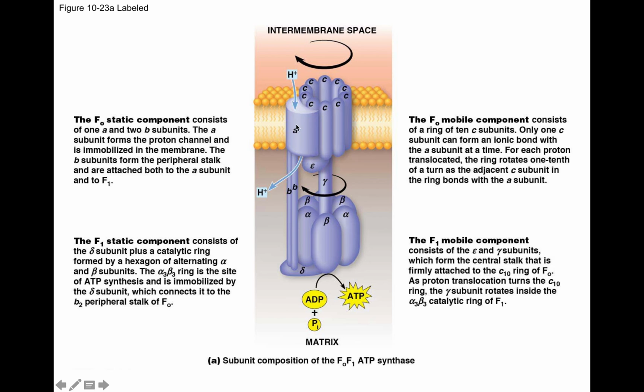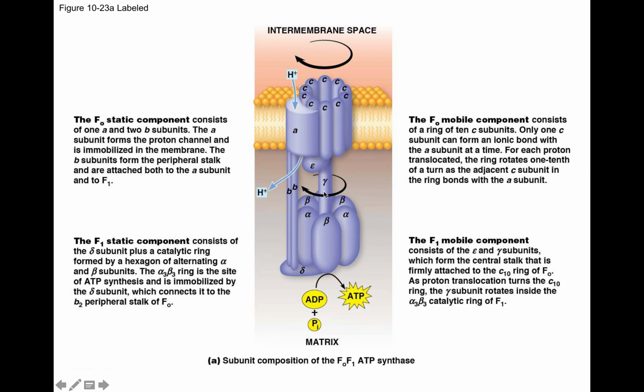It'll flow through the FO part, which is the channel part of the FO-F1 complex, and as it flows through the FO part, it's going to bind to protein amino acid residues on one of the complexes of that channel. It's going to cause a conformational change.